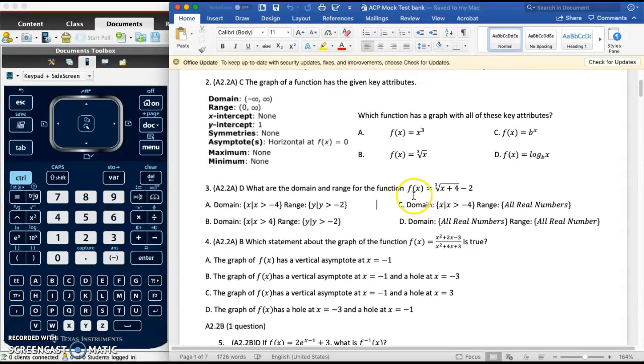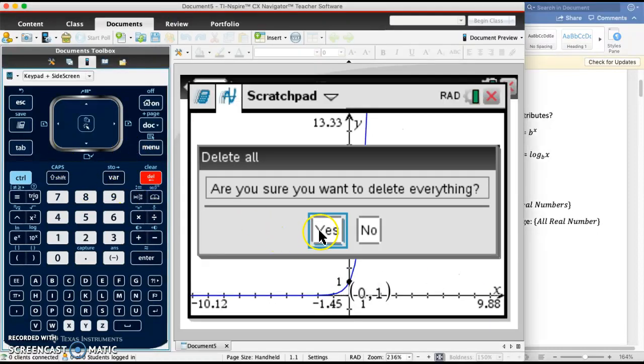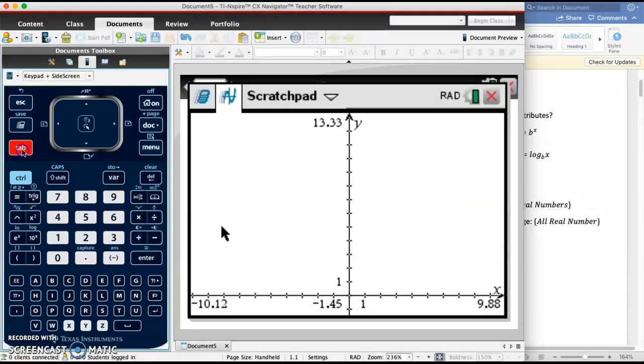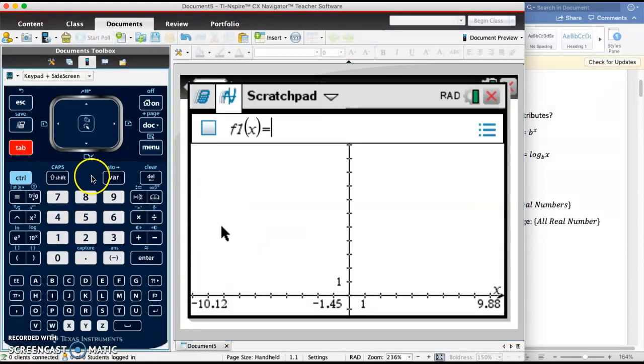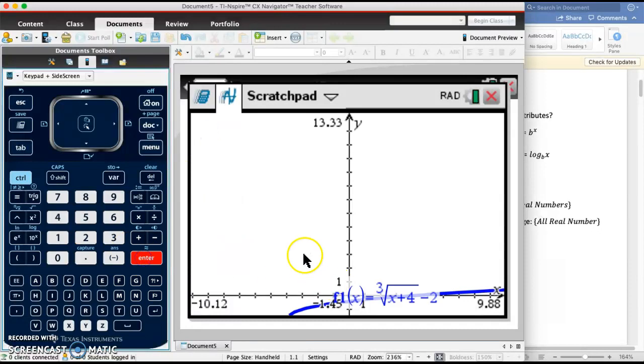All right, this one, number 3, says what are the domain and range of the function? So graph the function right away. I'm going to delete, tab. Now I'm going to go control, there's the hat key, cube root of x plus 4, so x plus 4, and then minus 2, and I would press enter.